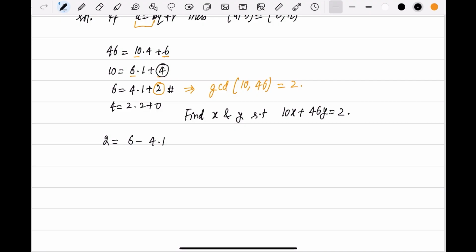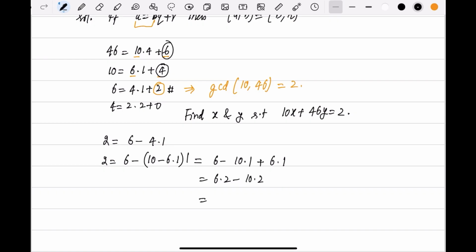From the previous step we have the value for 4, so 2 is equal to 6 minus (10 minus 6 into 1). So this is equal to 6 minus 10 into 1 plus 6 into 1, which becomes 6 into 2 minus 10 into 1.